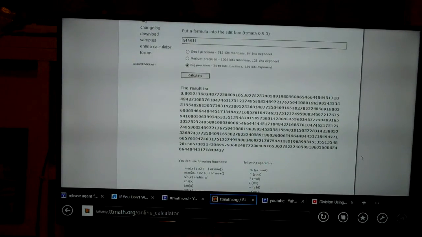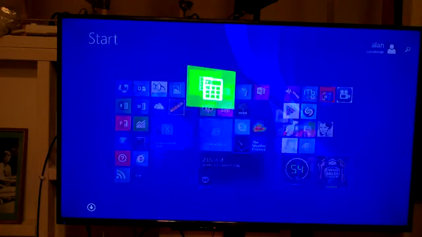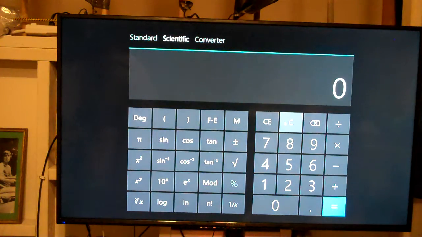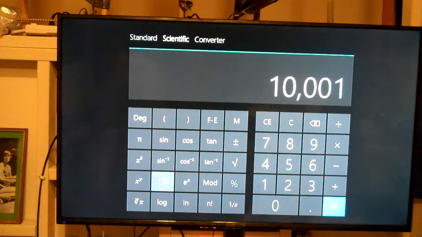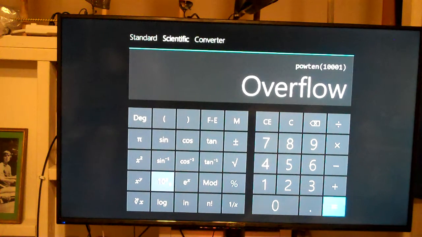Oh yes, and I wanted to show you one. Watch. I'm going to take 10 and raise it to the, I don't know, the 10,001st power. This is what I'm talking about.